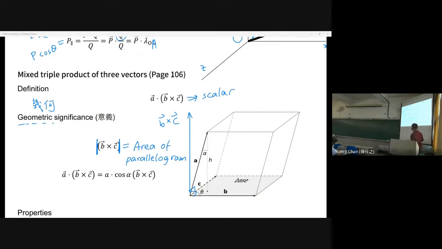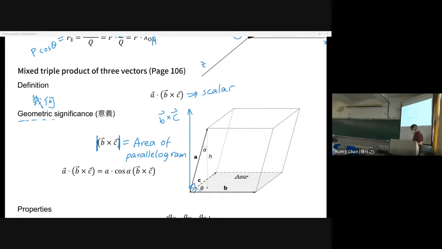And how about the mixed triple product? Mixed triple product will give us the volume of the shape constructed by A, B, and C. And you can see none of them are at 90 degrees.